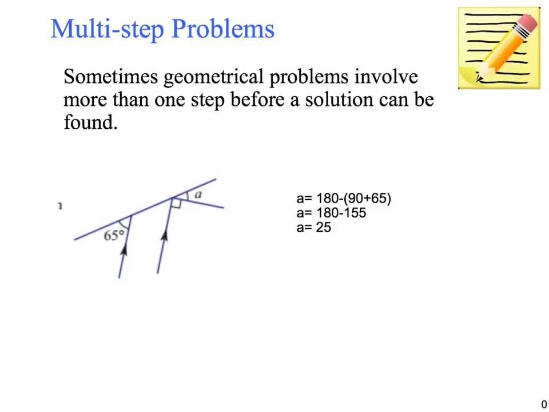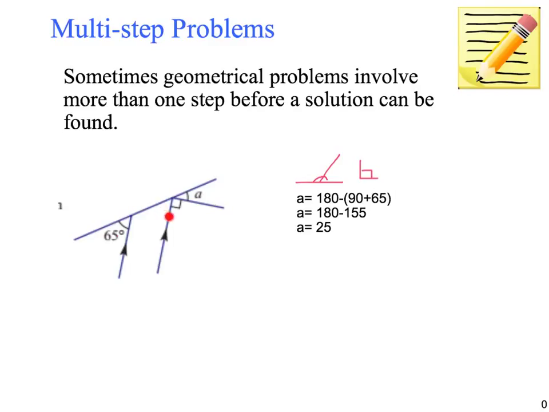So we know we're going to start with 180 because it's supplementary. Now we need to use our codes for this as well. The codes that you have learnt, you also need to write in your working out. So for example, because it's supplementary, and also we know that it's a right angle, so we need to use our symbol for right angle, which is this. And where I got the 65 from is that this angle here, the 65 over here, is corresponding to this angle here.